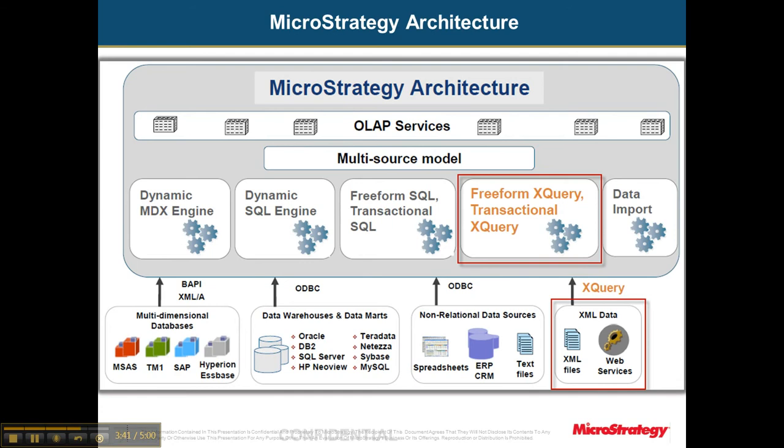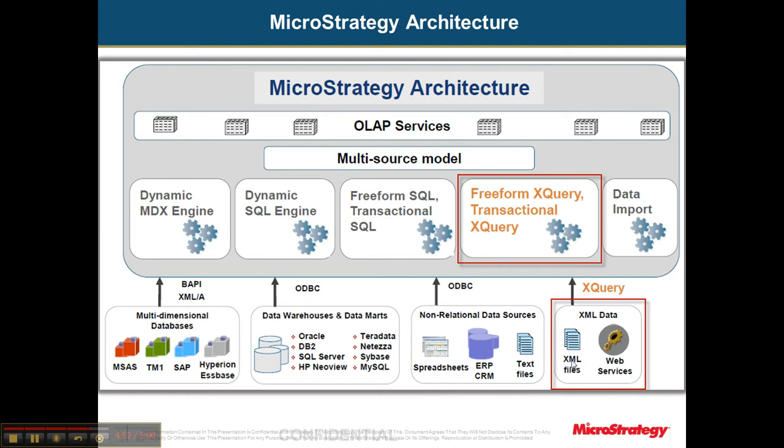Since we talked about MicroStrategy, I would like to explain where and how web services are accessed in MicroStrategy. The only way to access web services is through free-form xquery, transactional, and xquery. So in the multi-source model, free-form xquery reports are the only way that we can access web services.